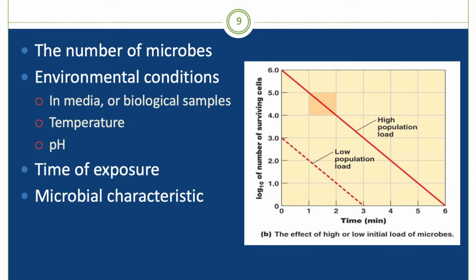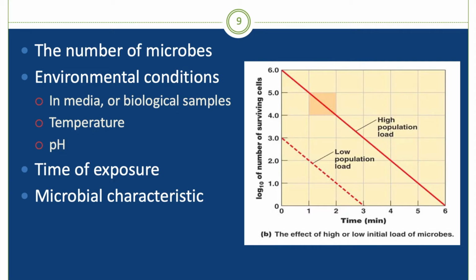There are certain factors that will influence the number of bacteria that die if particular agents are applied to them. Some of these factors are the type of media that they are in. If they're on plain surfaces, it's very easy to deal with them.